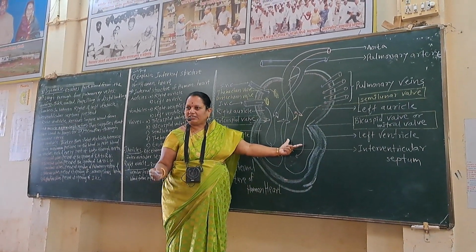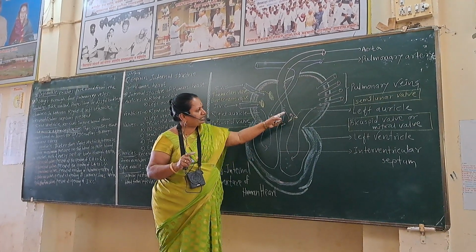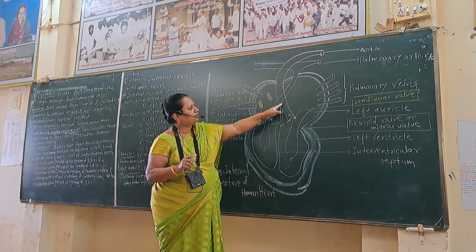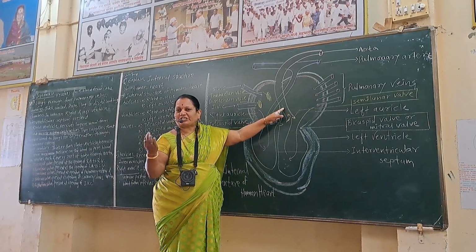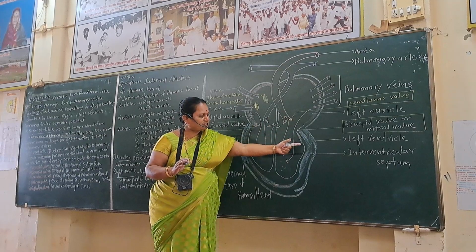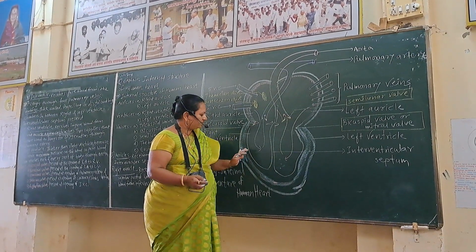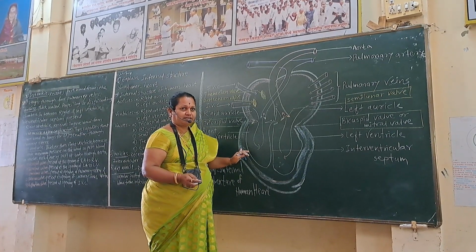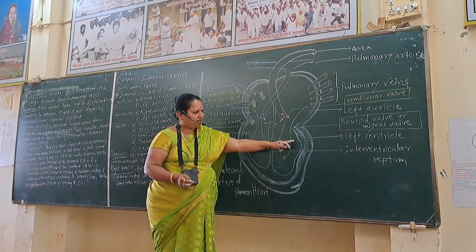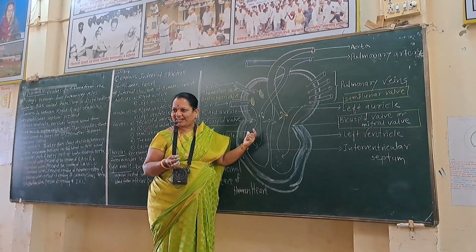Left ventricle contains pure blood, and that pure blood should enter the aorta with great pressure. To create maximum pressure on the blood, the wall of the left ventricle is thicker than the right ventricle.